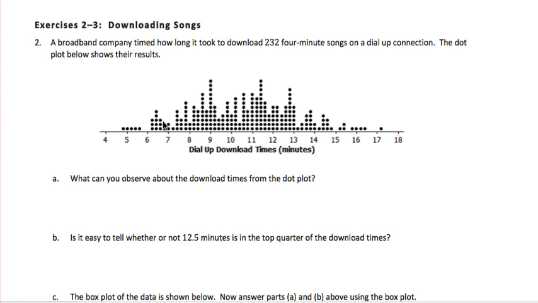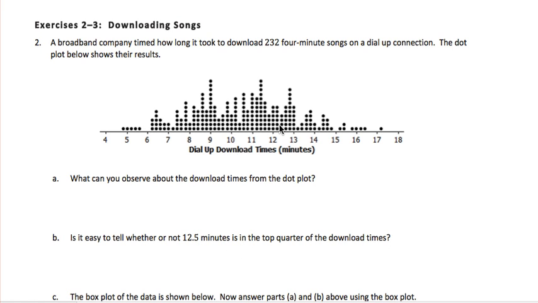Most of the data is spread between a little over 6 to a little under 15, which still makes that range and even the interquartile range rather large. There is quite a difference. Is it easy to tell whether or not 12.5 minutes is in the top quarter of the download times?